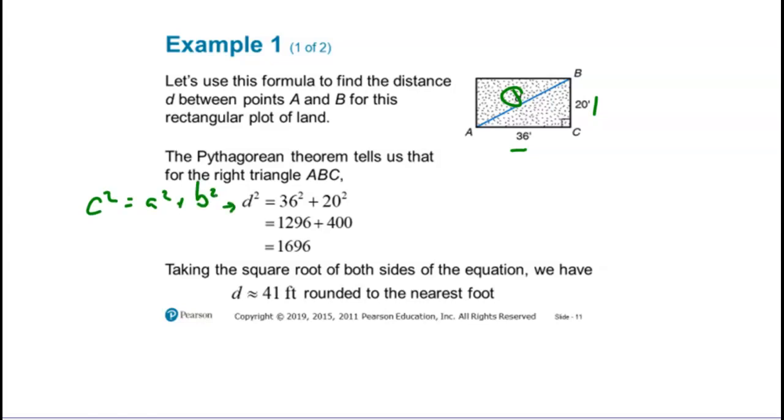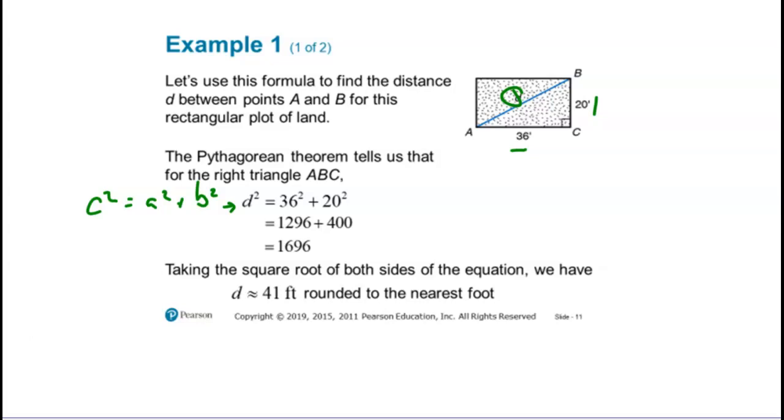They've gone ahead and squared d, so d squared, substituted the 36 and the 20 for the lengths of the sides. When you calculate this out, 36 squared is 1,296, 20 squared is 400, and you get 1,696 when you add those up.